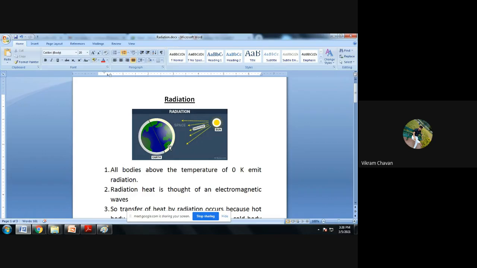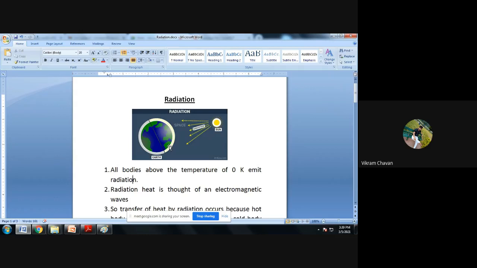So remember one important point about radiation. Everybody, every living, non-living, in fact the eyes also, everybody emits radiation in every direction except at 0 Kelvin temperature. 0 Kelvin means minus 273 degrees Celsius.